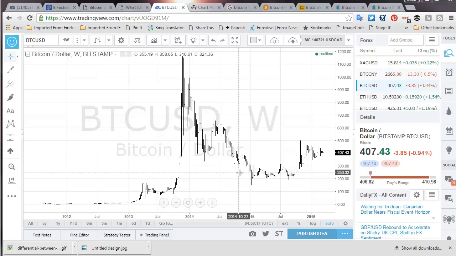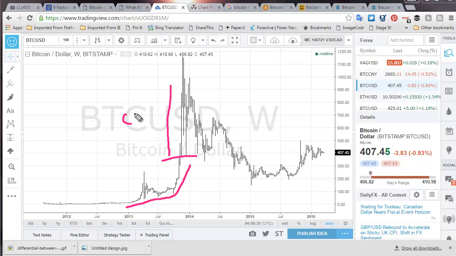So stepping back to our Bitcoin chart, I have no doubt that this run up here, 2012 onwards, is based on that step up we saw in transaction ability, or transactability, if there is such a word. This step up here is based on China saying that it's okay to use Bitcoin.